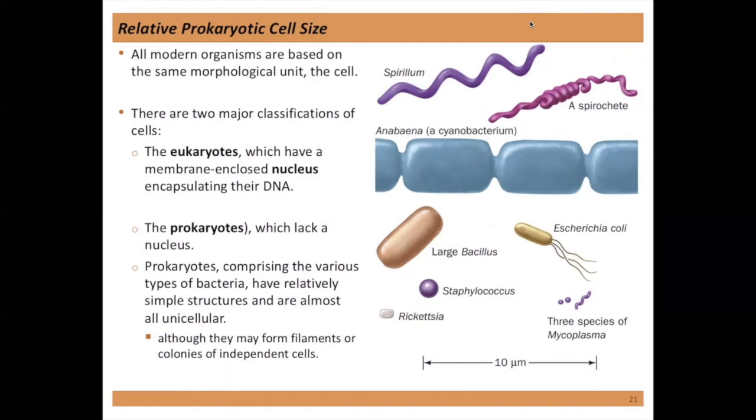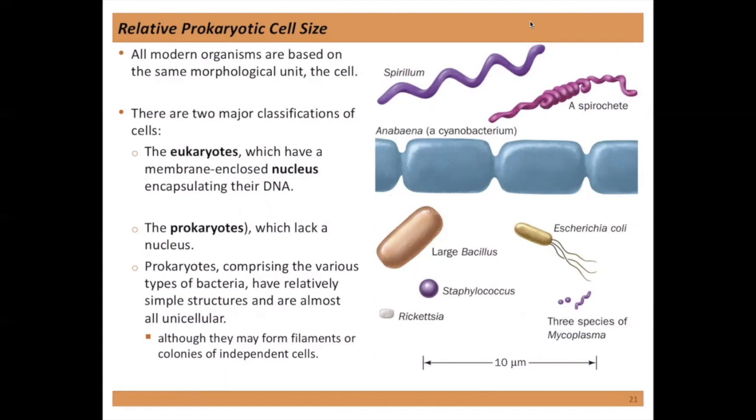And the prokaryotes comprise various types of bacteria. They tend to have more simple structures, and almost all are unicellular, although they can form filaments and colonies and films of independent cells that work together, not quite as an organism, but more like a tissue type level where they all are benefiting each other.